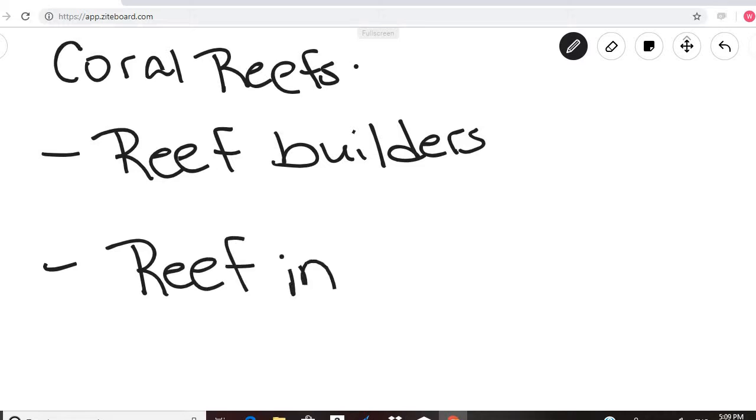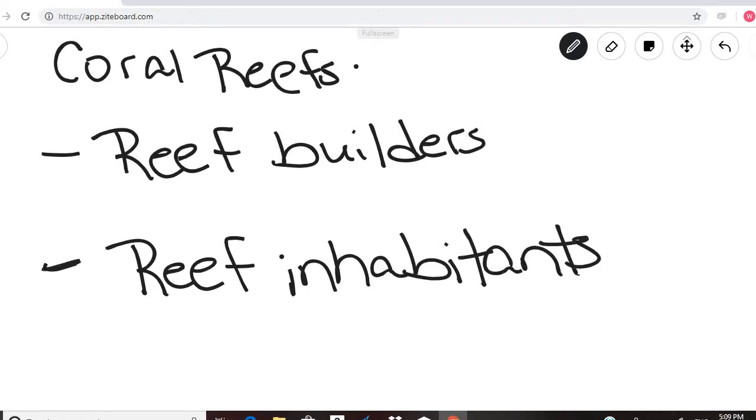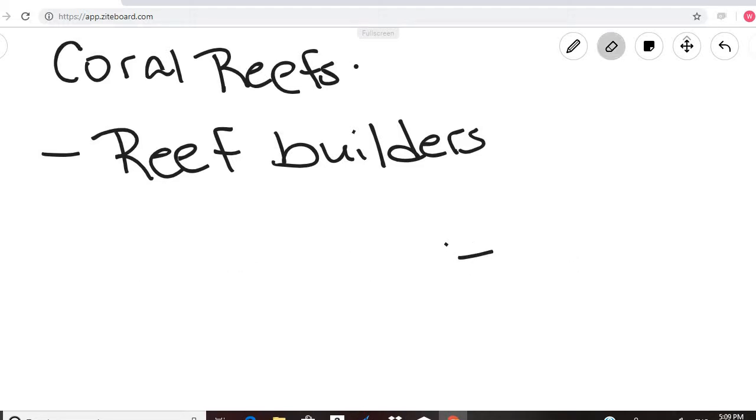So we'll talk about each of these, and we'll start with the reef builders. Obviously the reef builders are the ones who produce or make the reef.